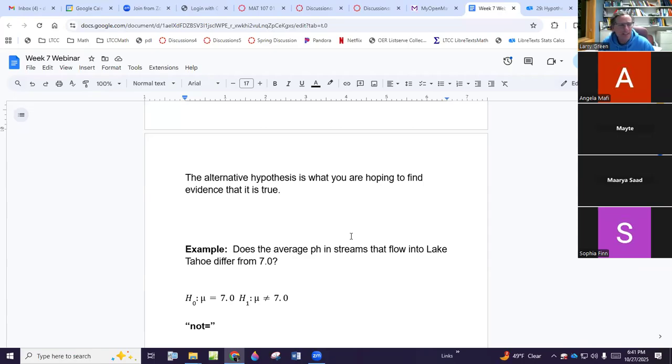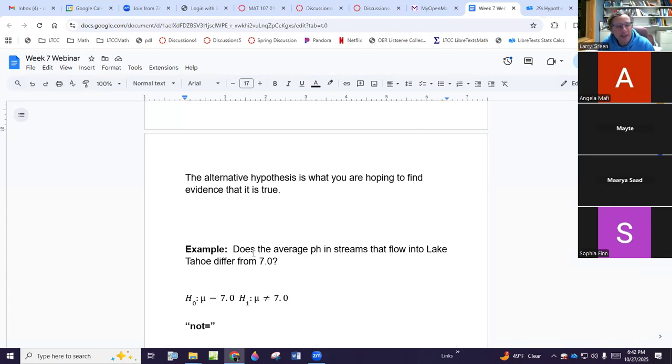We want to make sure that our lake pretty much stays clear and not murky and gross. That makes sense? And one of the things that can make a lake have issues is a pH that's not water pH, which is 7.0. If you haven't had chemistry, you can just trust me on this. You've probably heard the word pH. You may not know what it means, but that's okay.